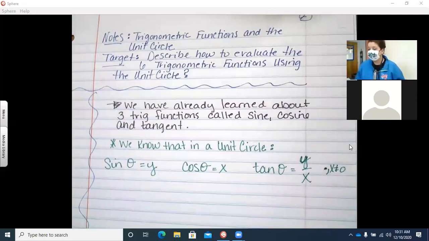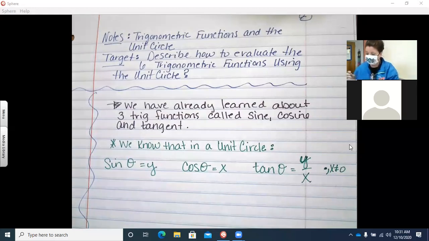Well, guess what? There are 3 more trig functions out there that we need to be aware of. That's the new thing that we're going to learn today. Do you know what those are? The negative sign, which would be the inverse, right?